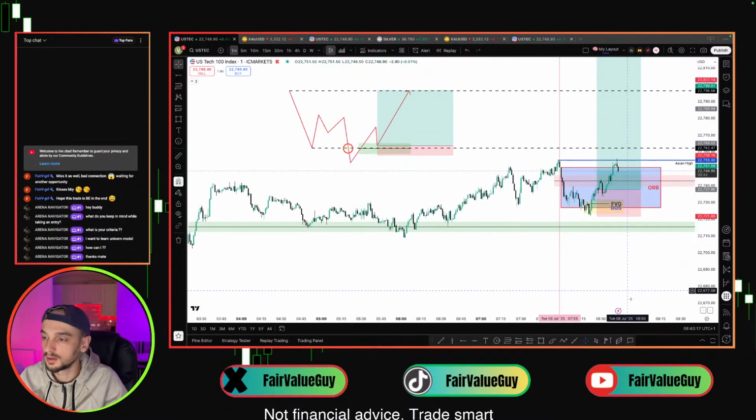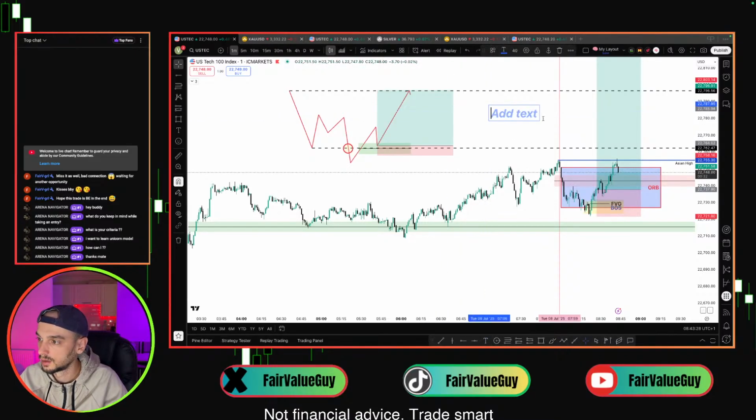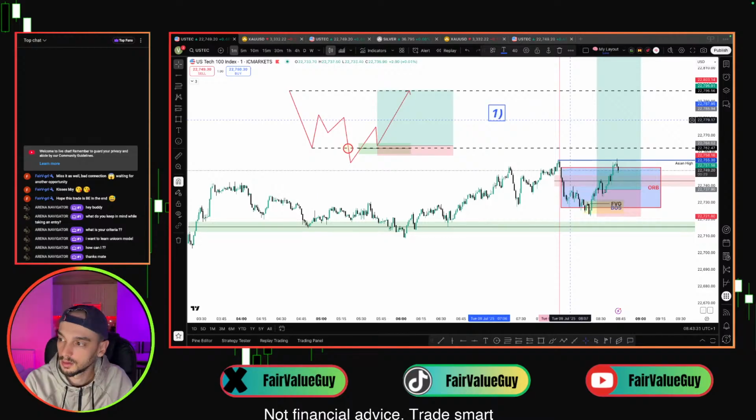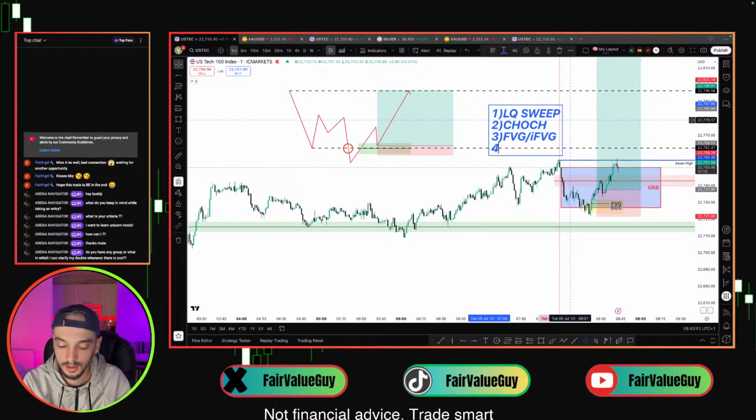So basically, my friend, this is how the Unicorn looks. Where is the bloody text? It's liquidity sweep, change of character, fair value gap or inverted fair value gap, and liquidity target.